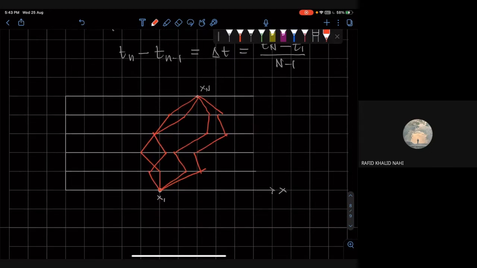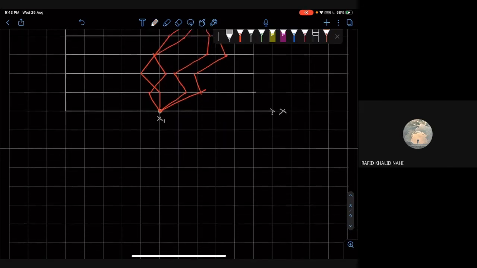So what does this picture actually represent? What it represents is the following.